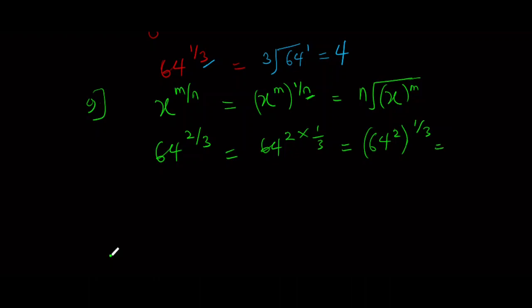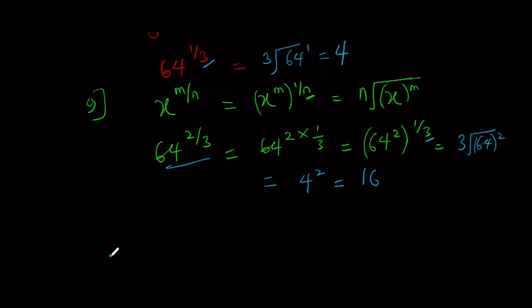Therefore, we now apply the law. You can see this one will form root. That will give us the cube root of 64, everything squared. So the cube root of 64, as we have discussed the other time, is 4. But we are still having square. So 4 squared will give us 16. So by simplification, 64 raised to power 2 over 3 will give us 16.